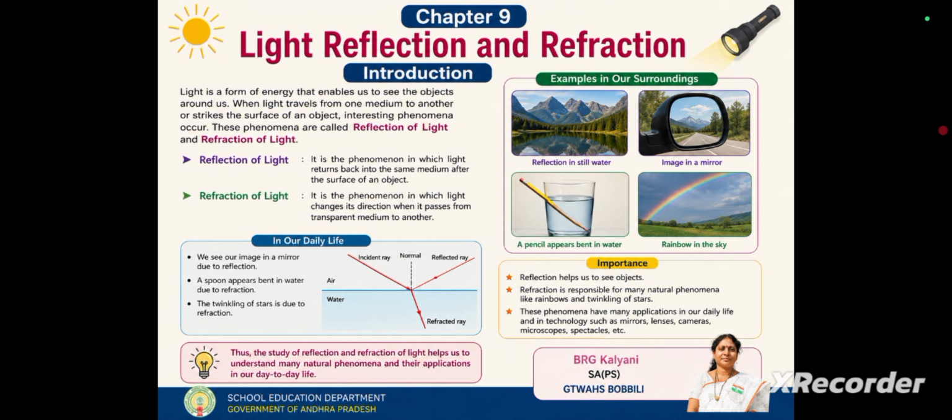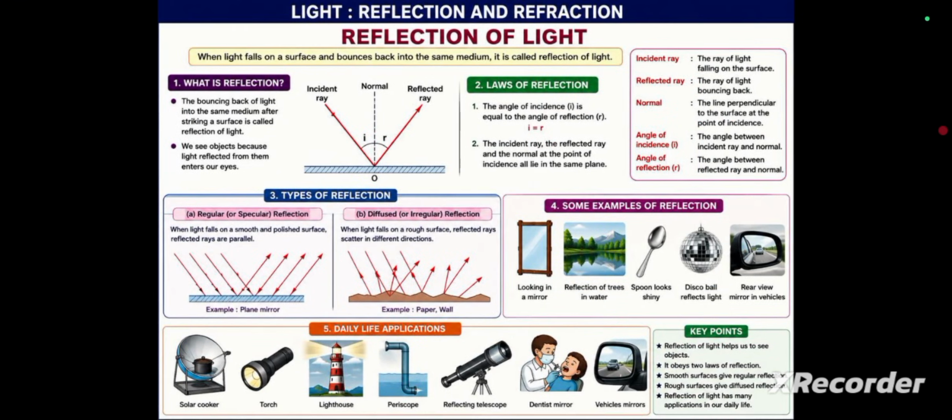Now, reflection of light. Today's topic is reflection of light. So, what is reflection of light? Students, when light falls on a shiny surface like a mirror and bounces back, it is called reflection of light. It can be defined here. The bouncing back of light into the same medium after striking a surface is called reflection of light.